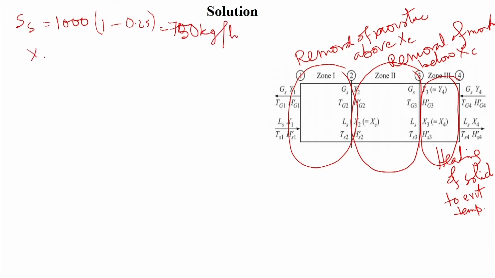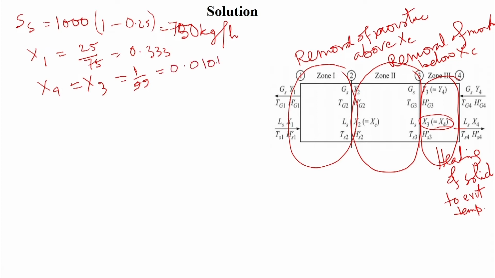Then X 1 will be 25 by 75, that is 0.333. X 4 and X 3 are both the same when exiting, because after that the moisture content does not change. So, X 3 is equal to 0.0101.